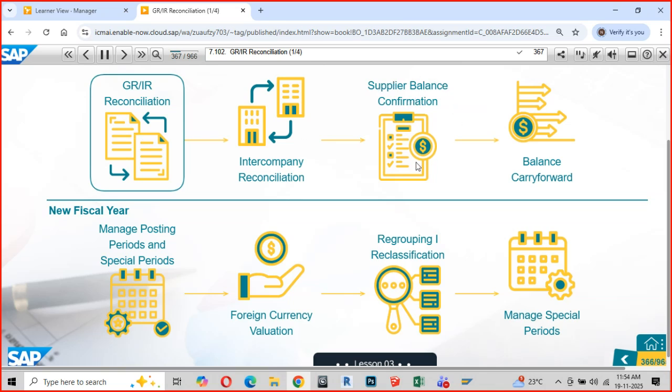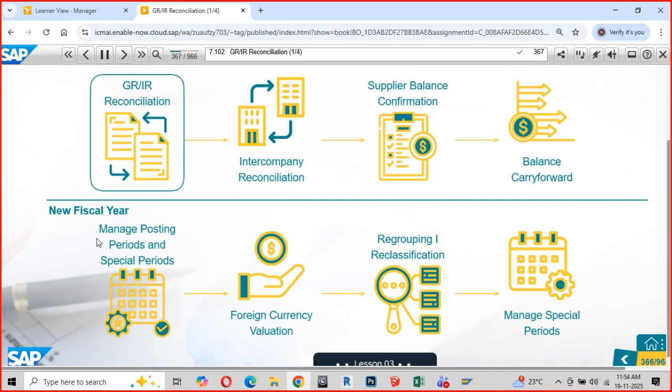See, balance confirmation, new fiscal year. I just spoke to you about one period to another period. He's talking about the new fiscal year change itself from 2025-26 to 2026-27. So you close the old year.